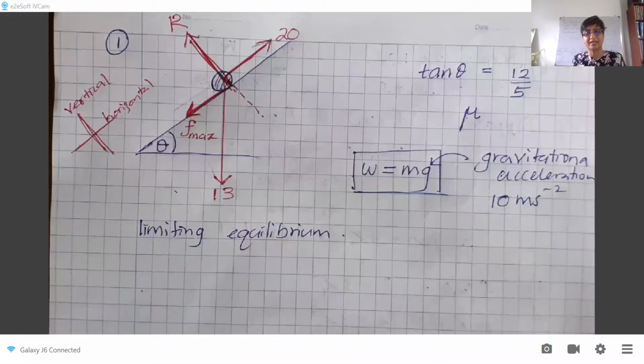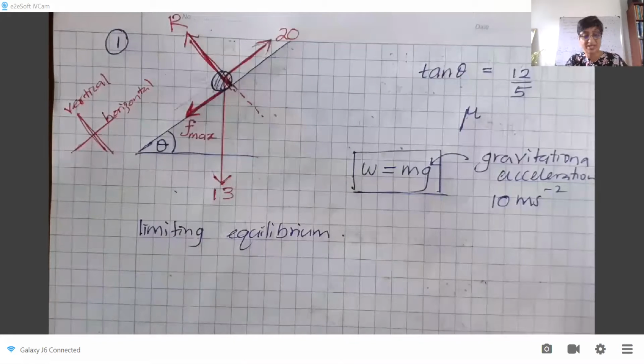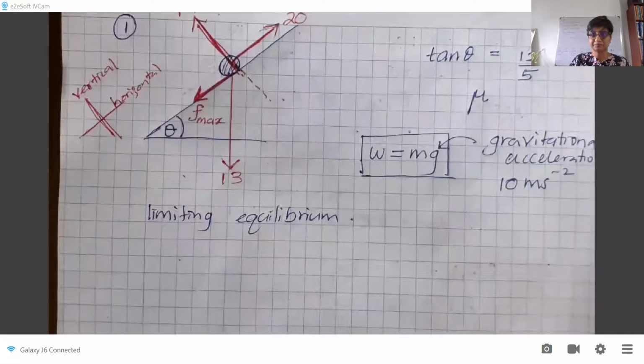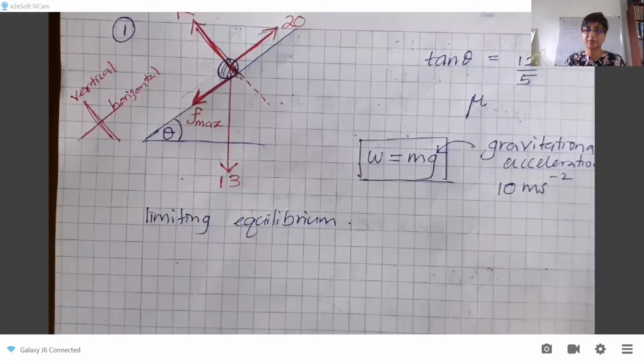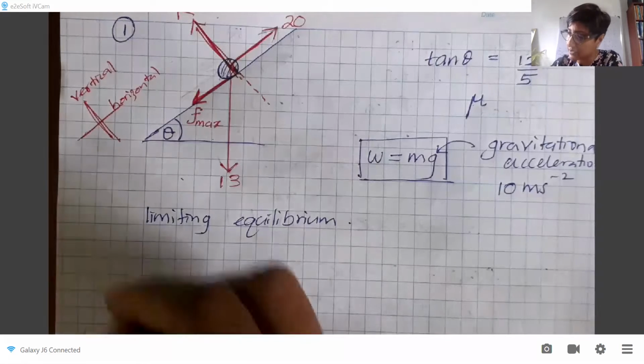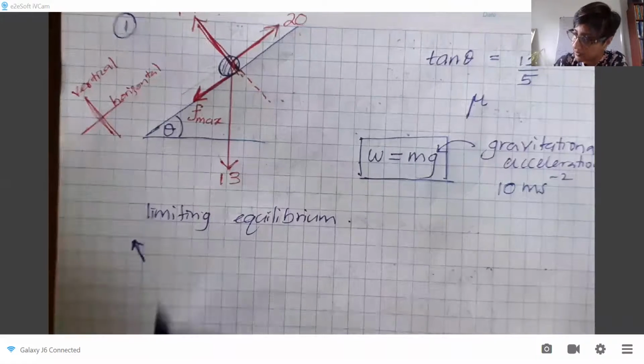It could have been something else. Whatever it is that we are finding, if your object is in equilibrium, you simply apply conditions for equilibrium. Now this is in limiting equilibrium, so I'm going to consider vertical equilibrium and then horizontal equilibrium. Okay, let's start with vertical equilibrium. So vertical equilibrium this way. Remember, that's my new vertical equilibrium.